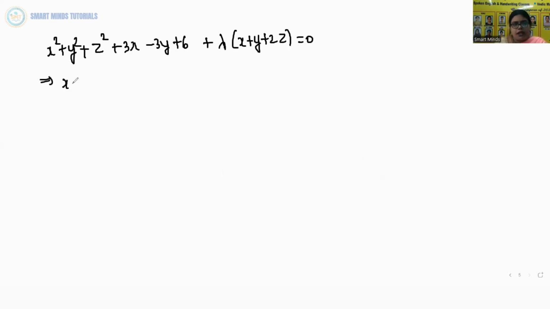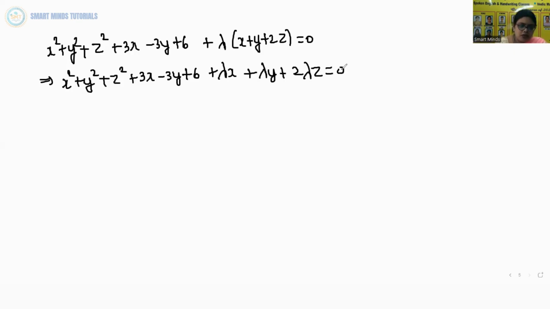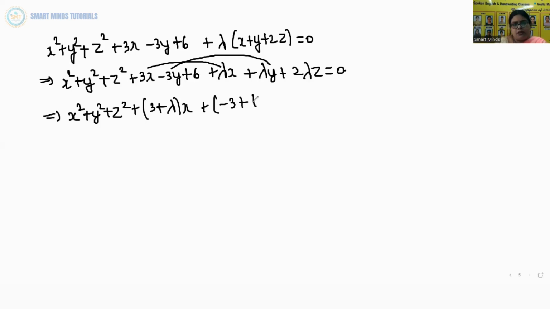Now we open the bracket. So we get x square plus y square plus z square plus 3x minus 3y plus 6 plus lambda x plus lambda y plus 2 lambda z is equal to 0. From the x terms, if I take x common, we get 3 plus lambda into x. From the y terms, if I take y common, we get minus 3 plus lambda into y. There is only one z term, so we write 2 lambda z plus 6 is equal to 0.